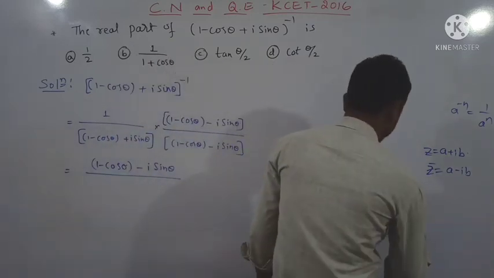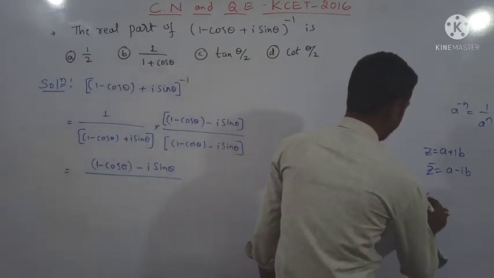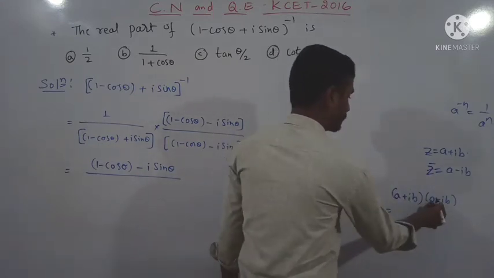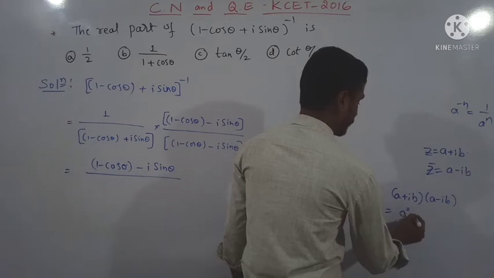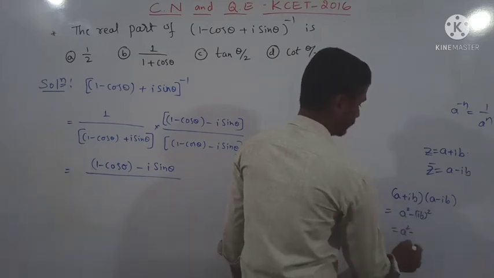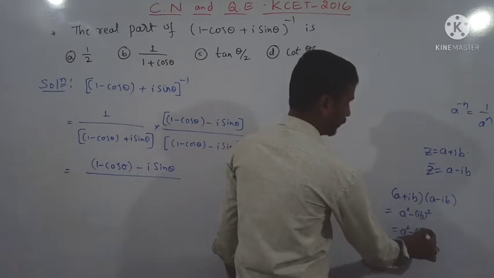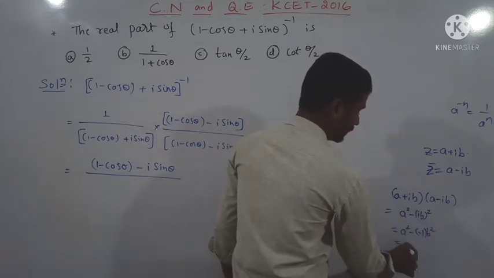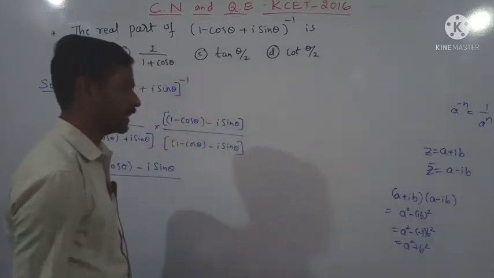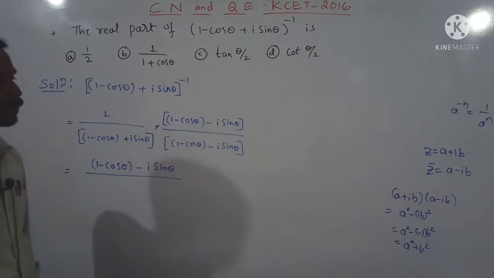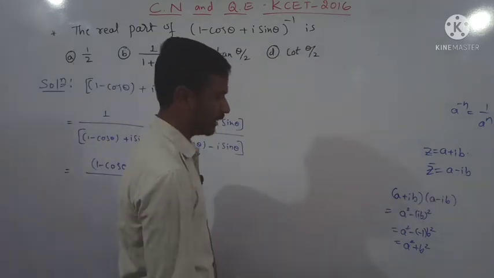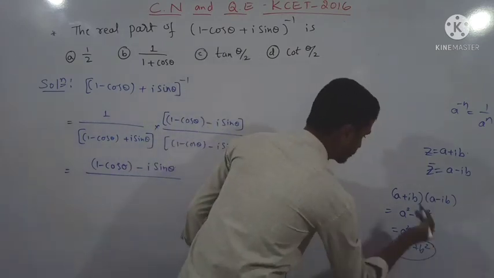So a plus ib into a minus ib is equal to a square minus ib whole square, which is a square minus i square b square, minus into minus is plus, therefore a square plus b square. If a plus ib and a minus ib are in product, the result directly is a square plus b square.